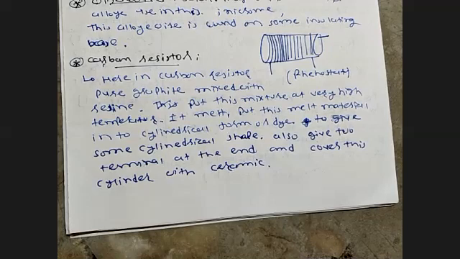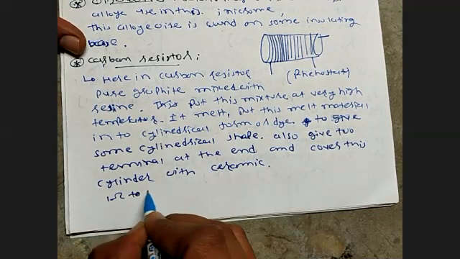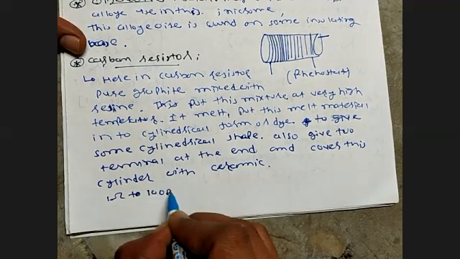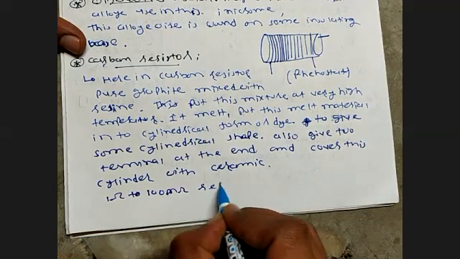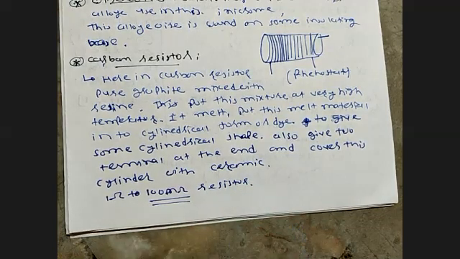With the help of this insulation, one cannot get a shock. That's why ceramic is used as an insulating material. Cover it with some ceramic, and in this way you can make resistors from 1 ohm to 1 mega ohm.